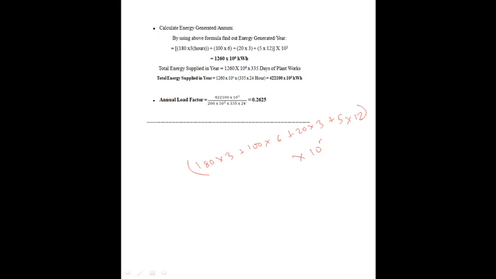This is given in megawatt, so we are converting into kilowatt. So it is coming around 1260 into 10 to the 6 kilowatt hour. So that is the energy generated in a day. The total energy supplied in a year will be 1260 into 10 to the 6 into 335, not 365, 335 days.